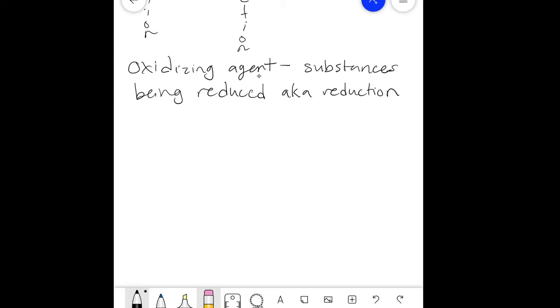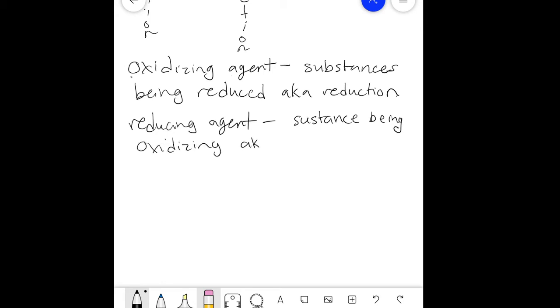The agent is the opposite of the name before it. Your reducing agent, again the opposite, is the substance being oxidized, because it's causing the reduction, so that's the one undergoing oxidation.